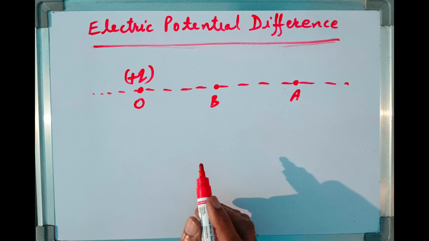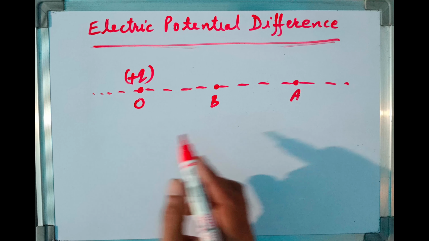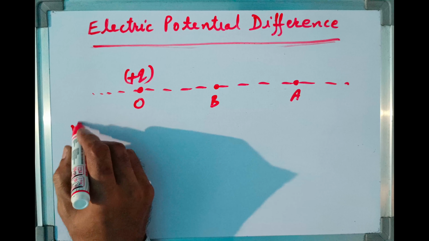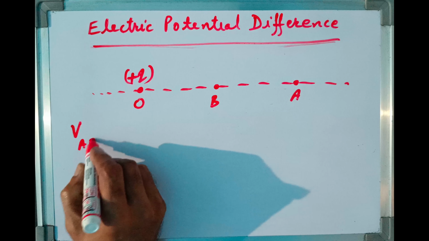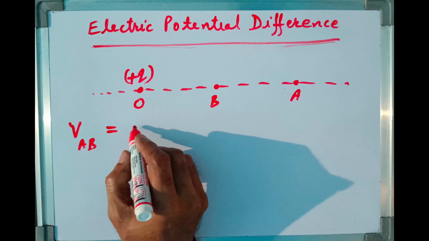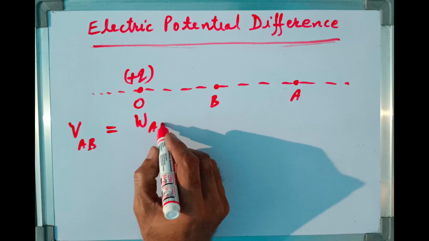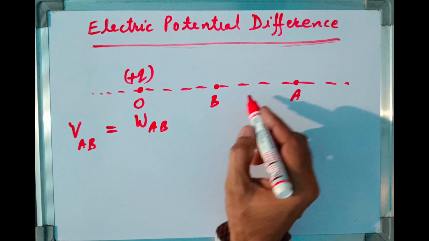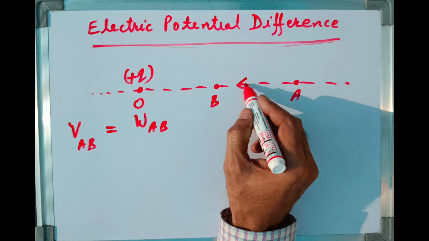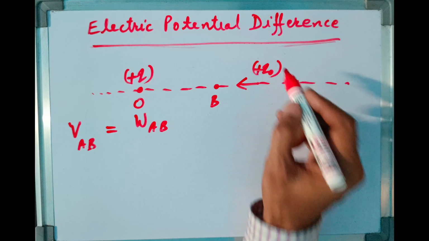First of all, let me share the definition of electric potential difference. Electric potential difference between A and B, I denoted by VAB, is defined as amount of work done in moving a test charge from A to B this way. Test charge is Q naught.